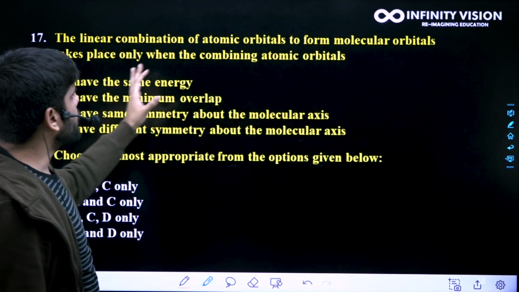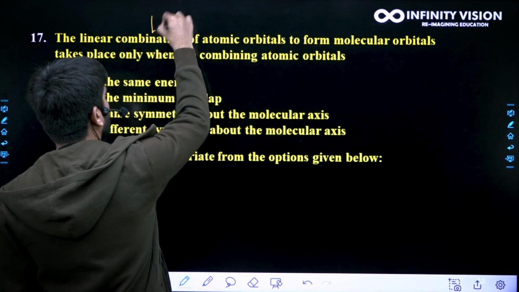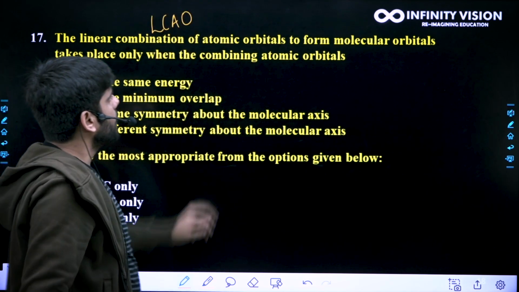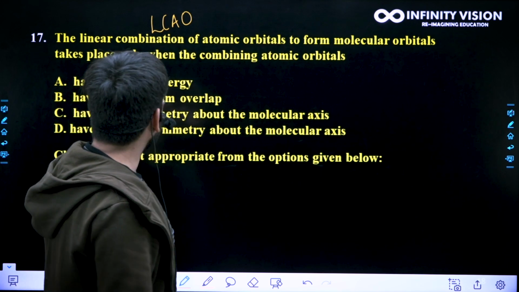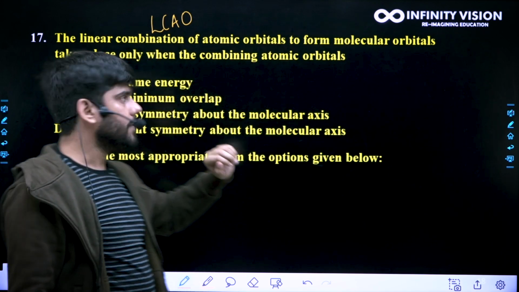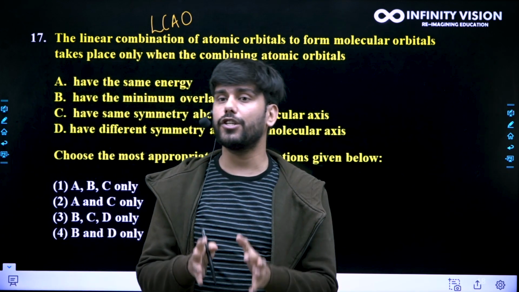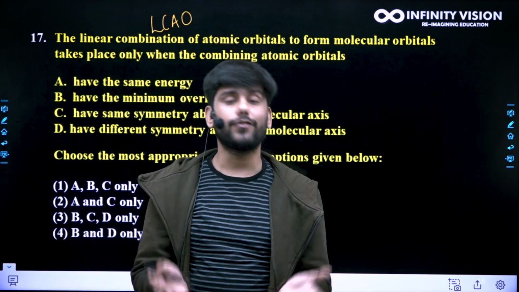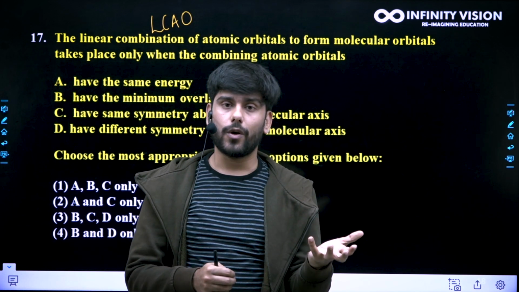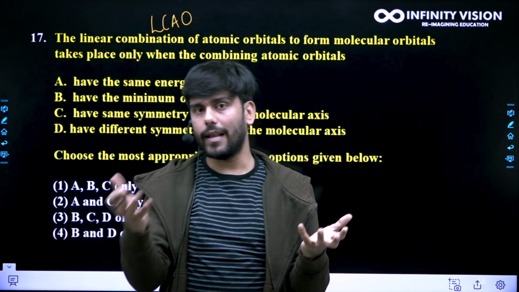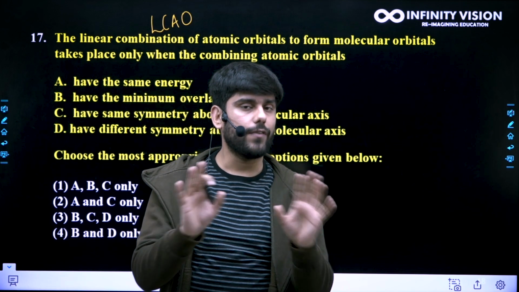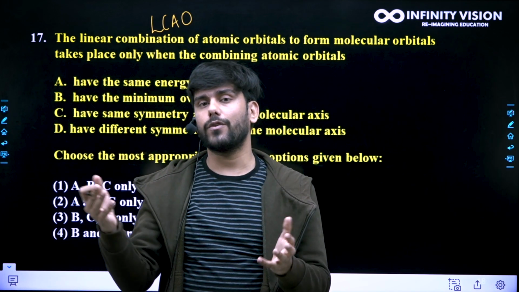The linear combination of atomic orbitals, or what we call LCAO, to form molecular orbitals takes place only when the combining atomic orbitals have the same energy. Absolutely correct. They should have the same energy and they should have the same symmetry. Why? Because 1s orbital of one will combine with the 1s of another.